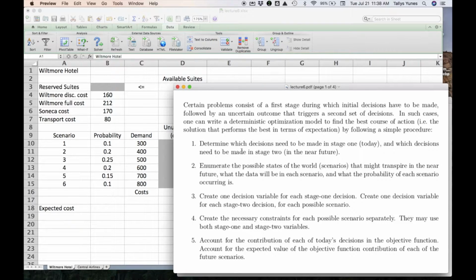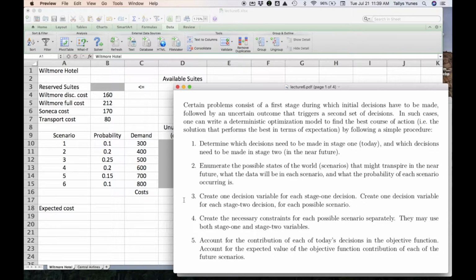So the steps for a problem like this are: determine which are today's decisions and which are tomorrow's decisions. So stage one is today, stage two is tomorrow or the near future. And once you enumerate these tomorrows, you also figure out what their chances are, or this could also be given to you in the problem.